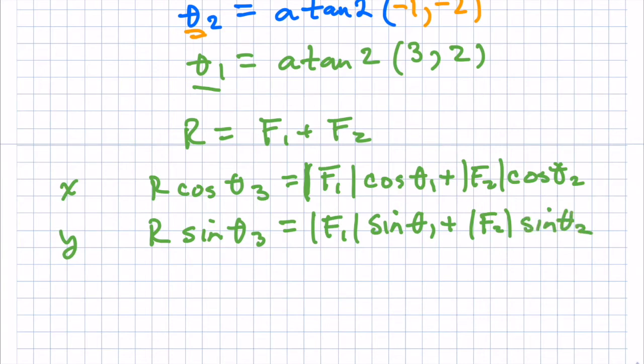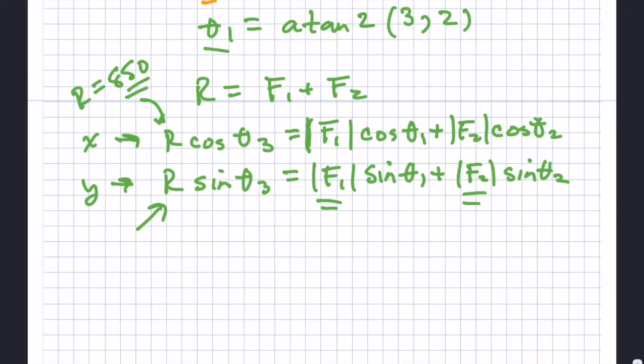In this particular problem, we know that R is equal to 850, so we can plug that in. That gives me two equations, two unknowns. The two unknowns are F1 and F2. You just solve those equations for this particular case where I've changed the problem.